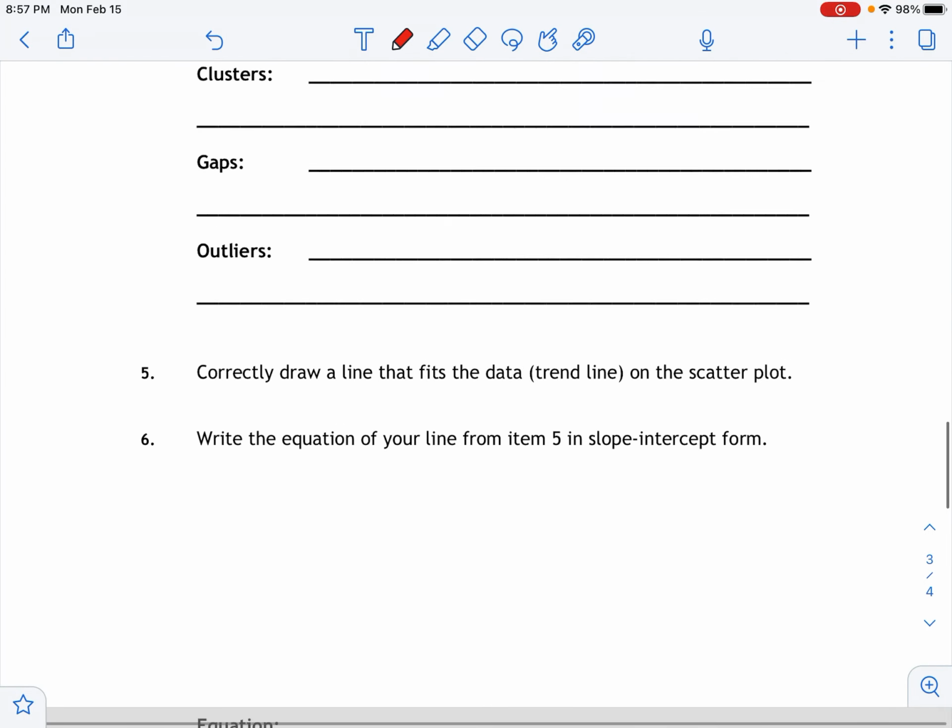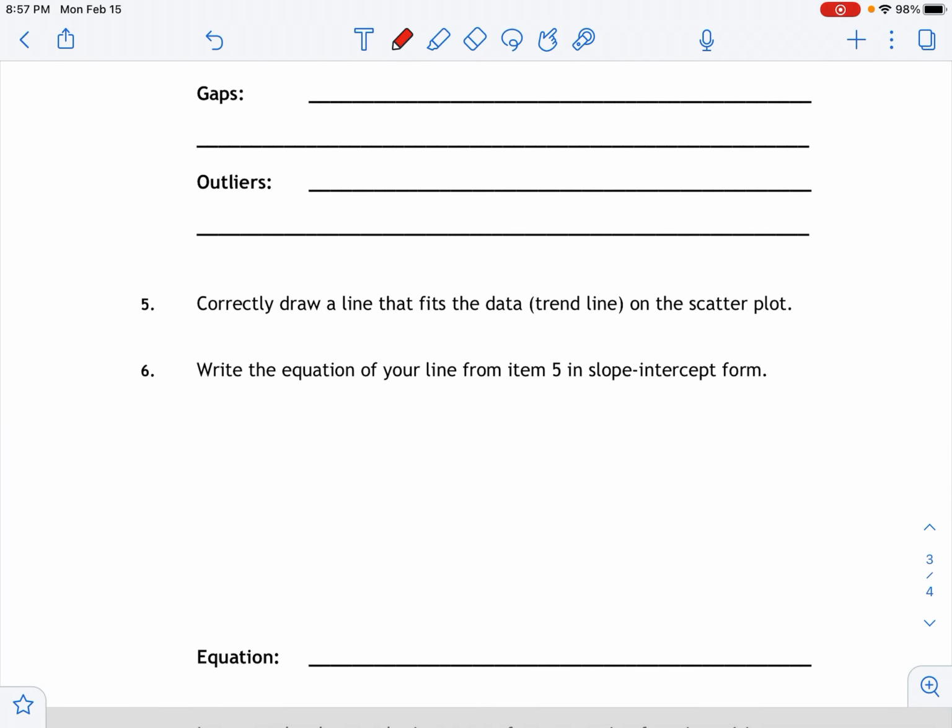Okay, and I'm going to go down to problem number 6, I believe. Yes, problem number 6. We're going to use these two points, 0, 10 and 12, 7, to find the slope. So we're going to find the slope first. We'll do change in y over change in x.